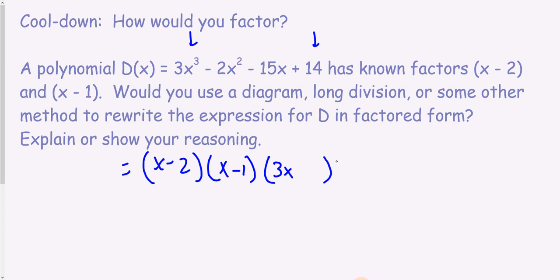What should this last number be? Well, this is the y-intercept, right? And remember, this constant term, this y-intercept, you can get that from the multiplication of all the constant terms. So negative 2 times negative 1 times this has to be 14.